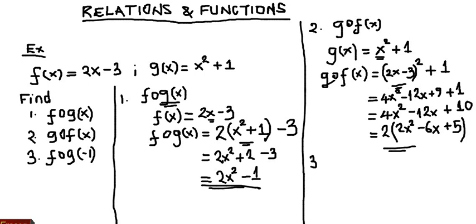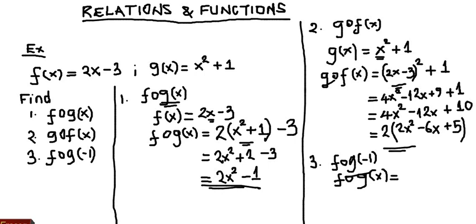And so we can get an expression to find the value of f of g of negative 1. What f of g of negative 1 means is that we are getting it from f of g of x, which is what we got earlier. From this function we are going to substitute the value of x.